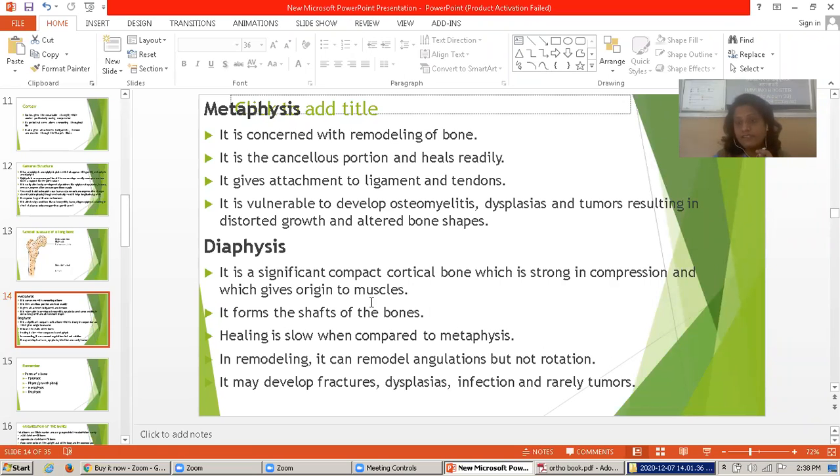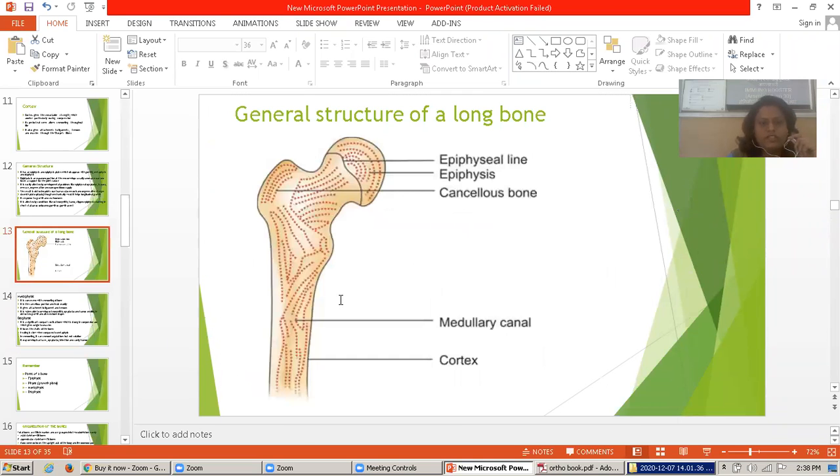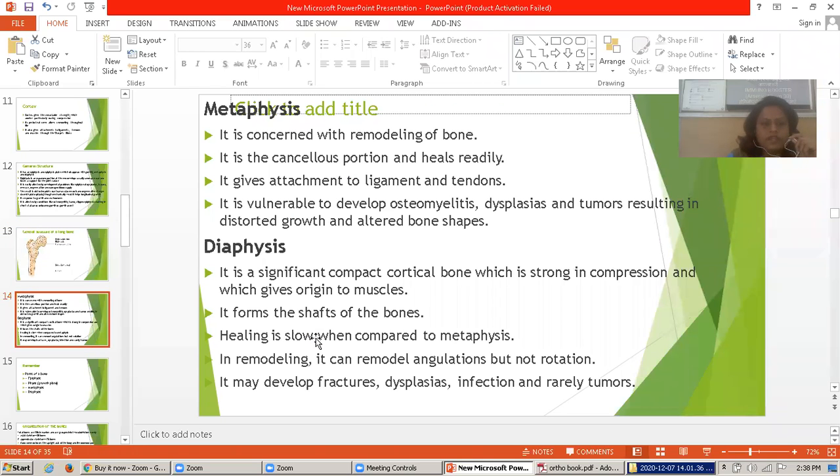Diaphysis forms the shaft of the bone. Healing is slow when compared to the metaphysis. As compared to the metaphysis, the healing process is slow in the diaphysis.